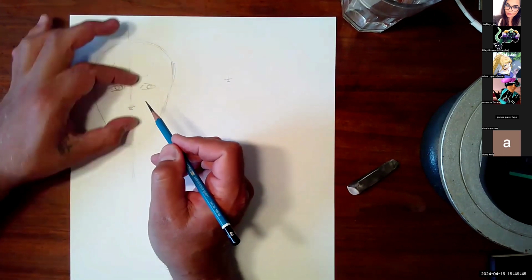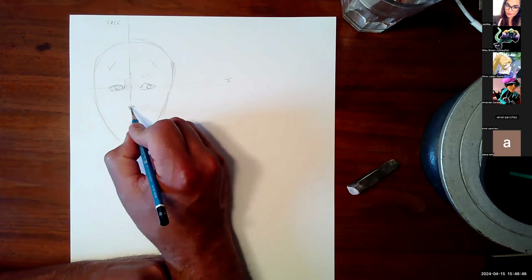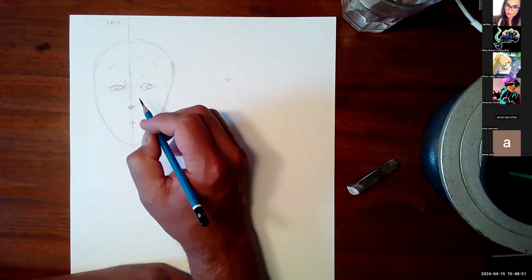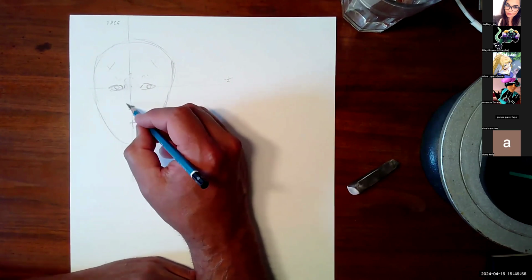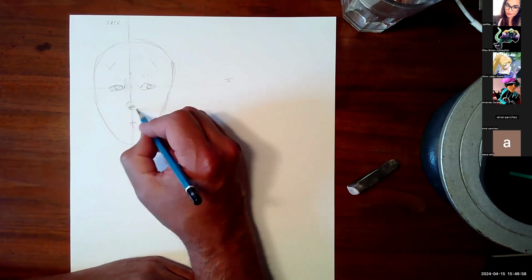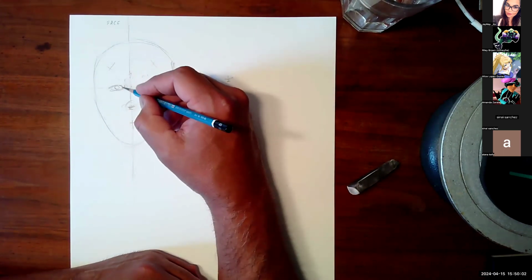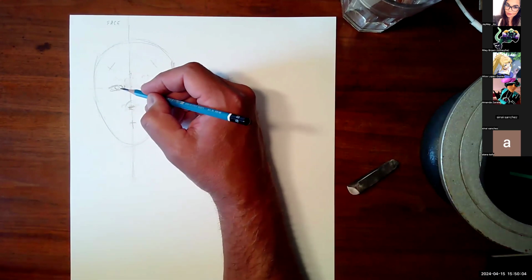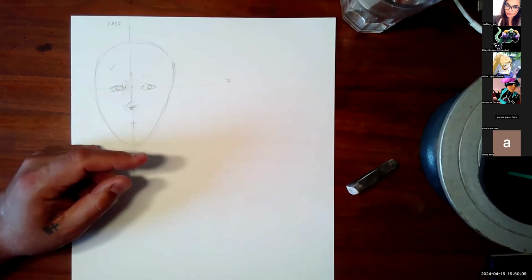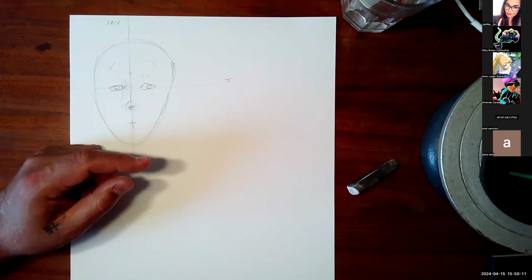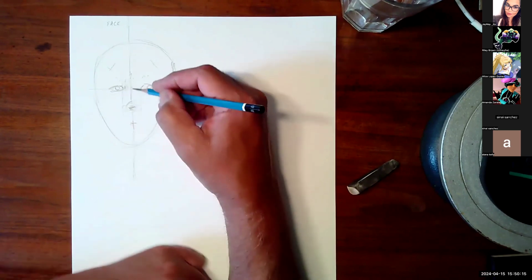And I went over this last week. People have different lengths of nose. Some people have long noses, some people have short noses, but more or less the nose is always going to end kind of in the middle. Now, in any number of techniques, what people have figured out is that if you draw a straight line down from the inside of your eye, that will line up with some of your nostrils.